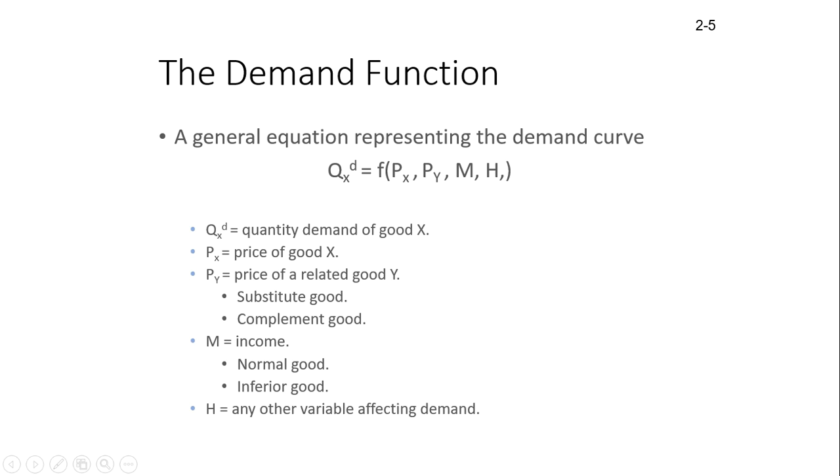This is what we call a demand function. In this case, we are saying that the quantity demanded of good X is a function of, or dependent on, or determined by, the price of good X, which is its own price, the price of good Y, where good Y is a related good, and the level of income M. It's also determined by any other variable that might affect its demand.